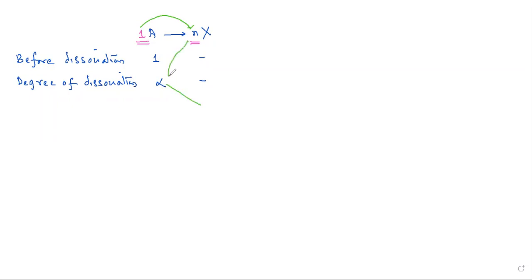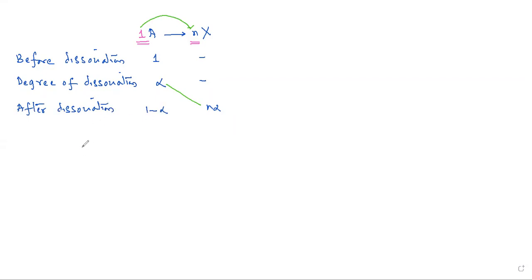Nothing but alpha into n by 1, right? So let me write this as n alpha. Now, after dissociation, it will be 1 minus alpha, right? Started with 1, alpha is what it has dissociated. So we are left with 1 minus alpha.